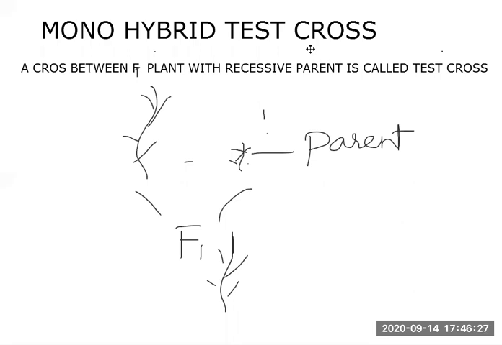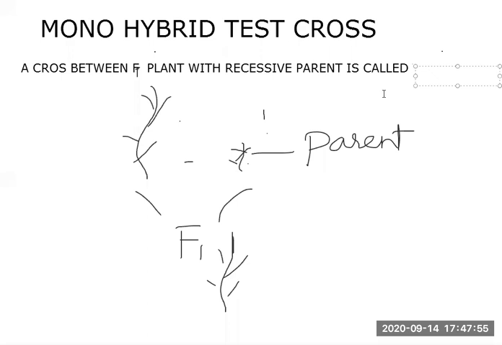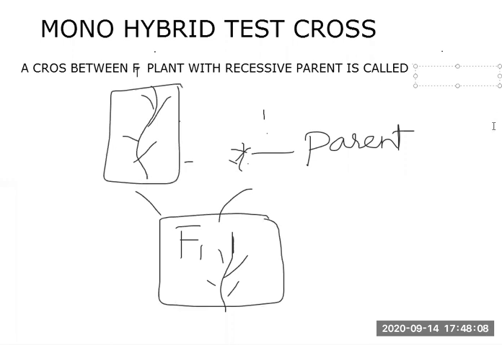But we don't know what that plant actually is. Imagine we are in a garden, we crossed a tall with a dwarf, and we got all tall plants. So we don't know whether the plant is homozygous or heterozygous.